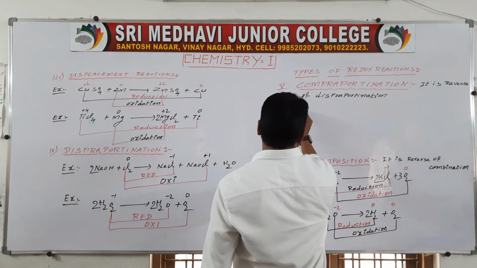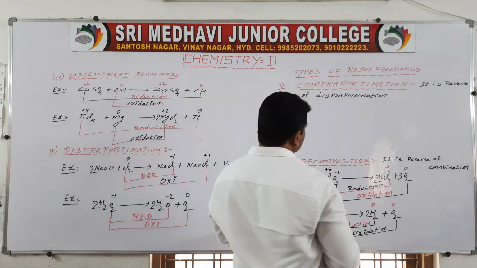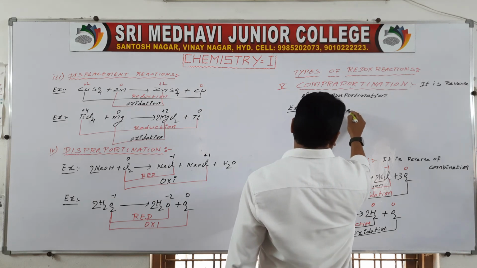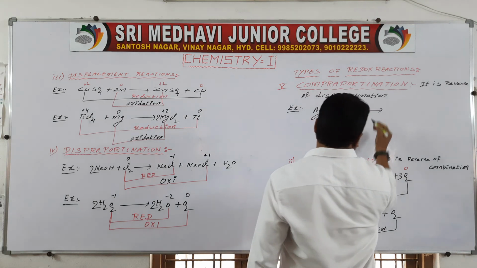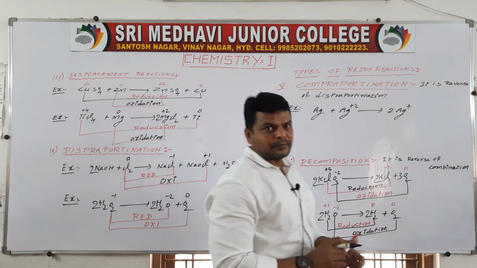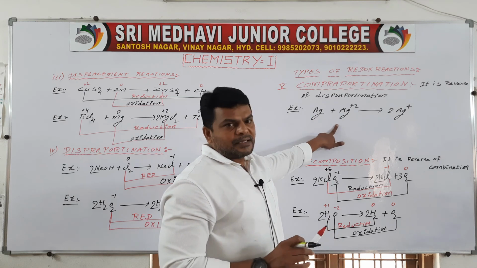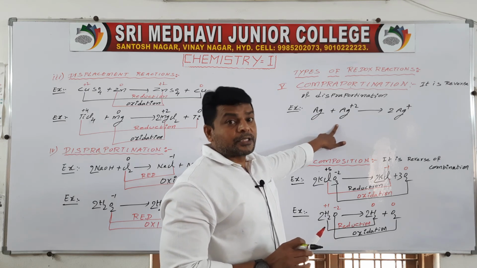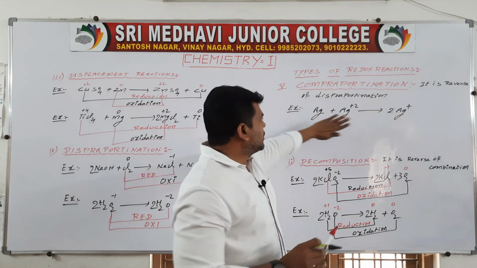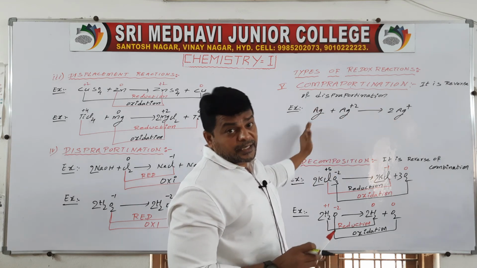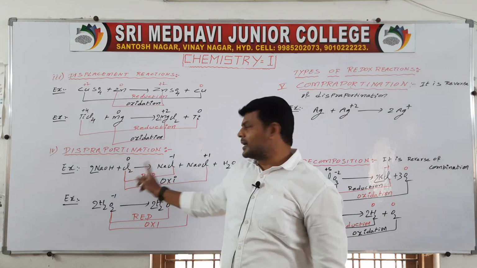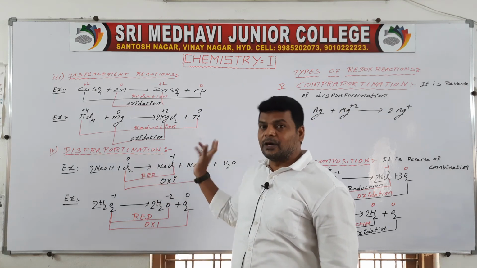Example, Ag plus Ag2+ gives rise to 2Ag+. Here two molecules undergo oxidation and reduction with one molecule, whereas in disproportionation one element undergoes oxidation and reduction with two molecules.